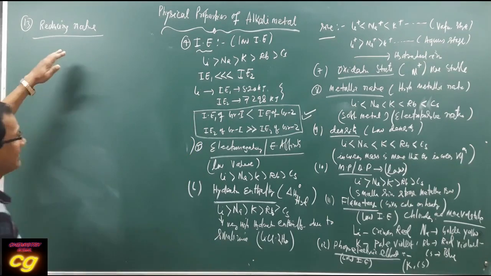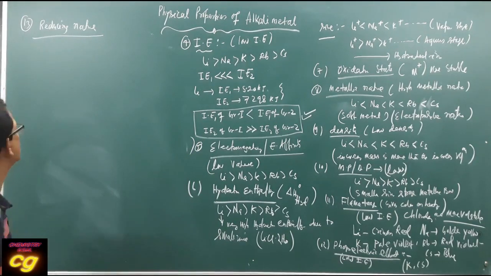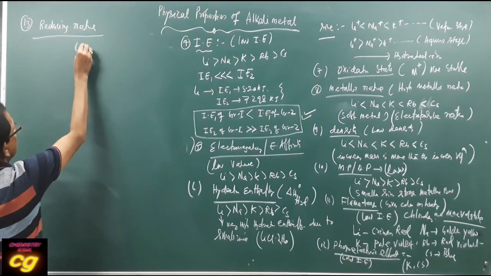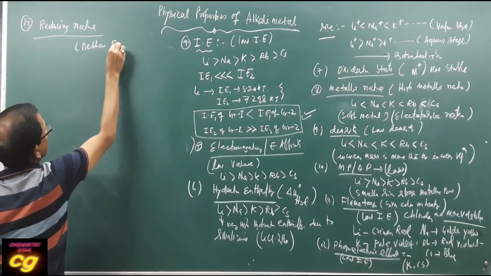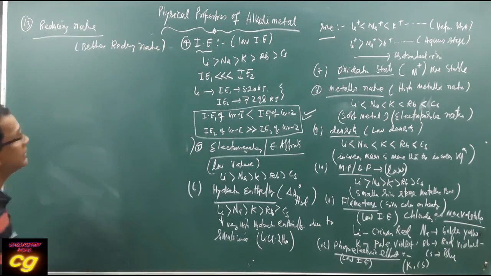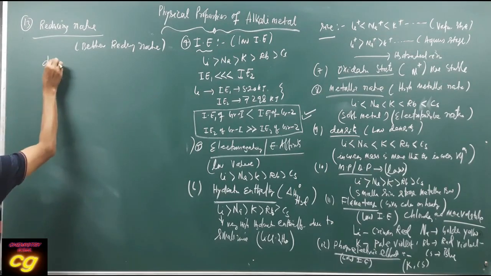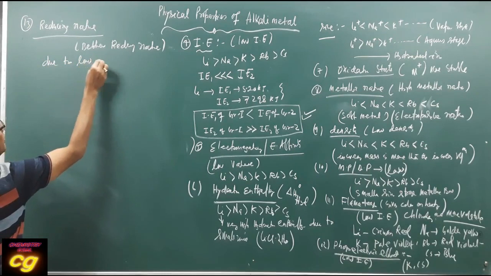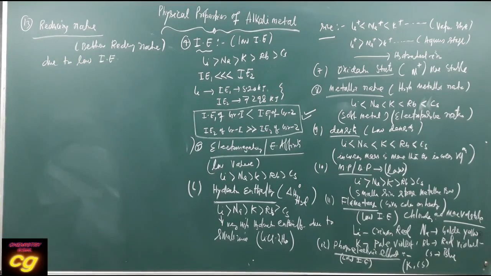As they have a high tendency to lose electrons, they have the best reducing character, a high reducing nature compared to other metals, due to low ionization energy. This is the main point.